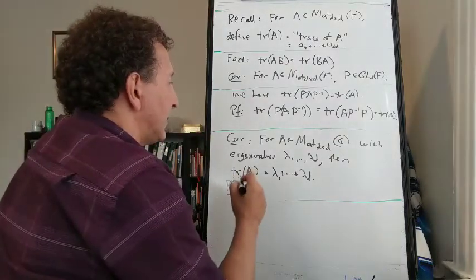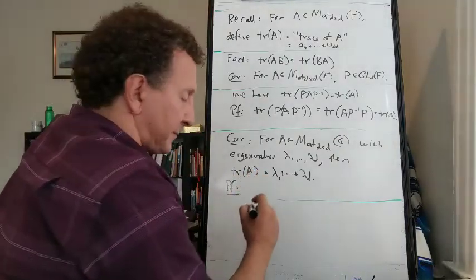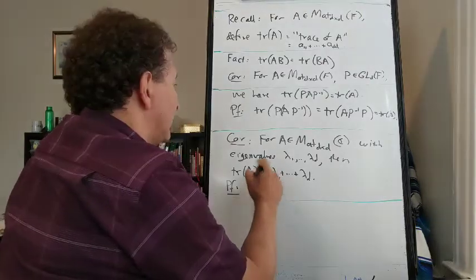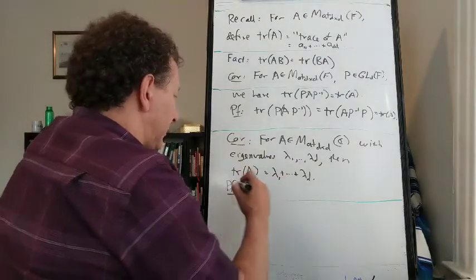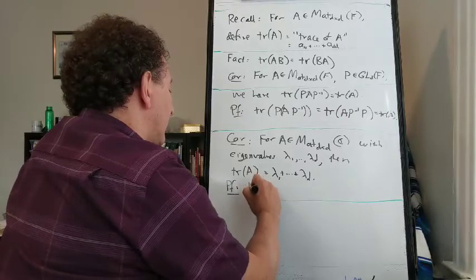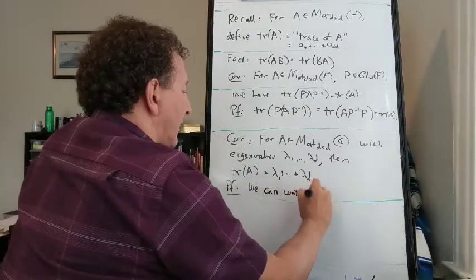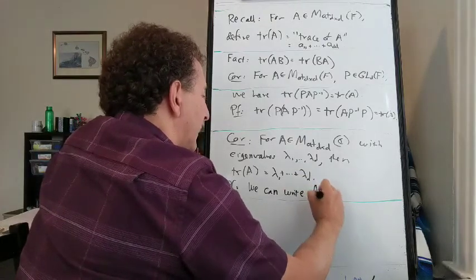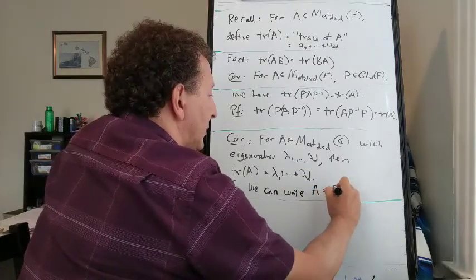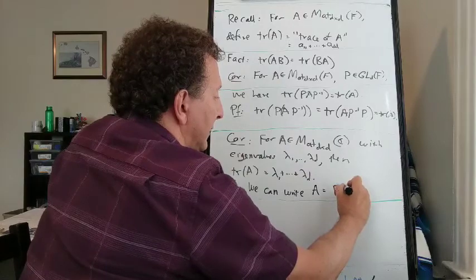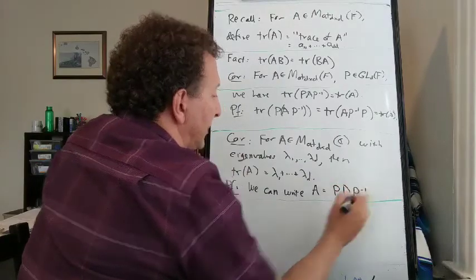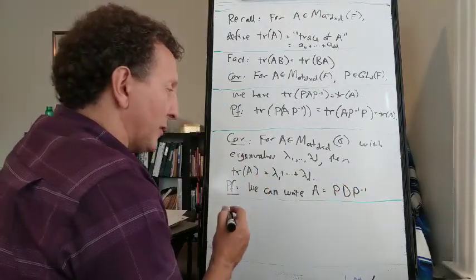And the reason is that since we're working over the complex numbers, then we can write A equals P D P inverse with D a Jordan form matrix.